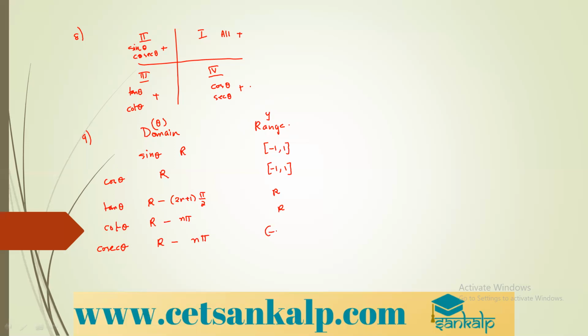And the graph you can see from -infinity to -1 and from 1 to infinity. Secant theta, you can take any real number, but you can't take odd multiples of pi by 2. And the range, the graph you can see from -infinity to -1 and from 1 to infinity.